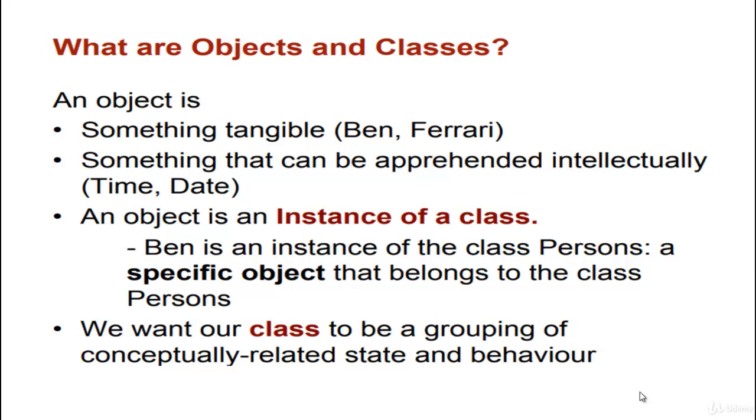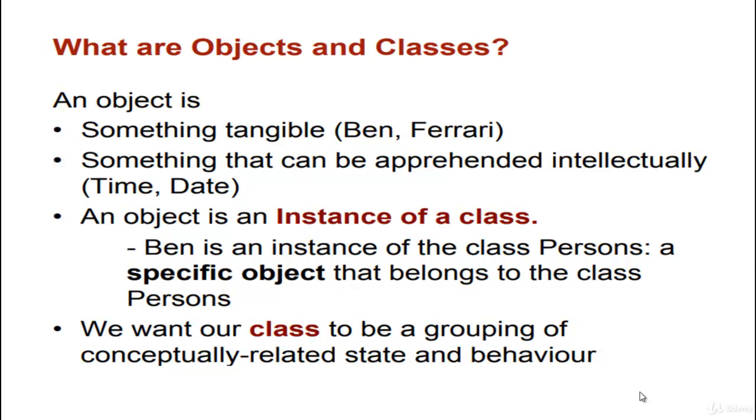So we can call those as objects. And also things such as Ferrari, Toyota, those things. Something that can be apprehended intellectually, such as time, date, can also be an object.